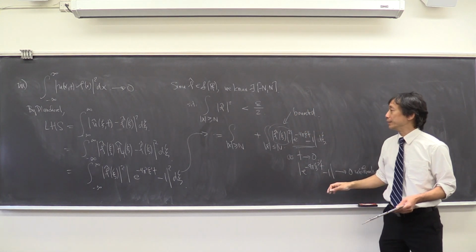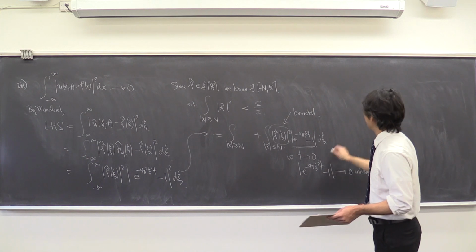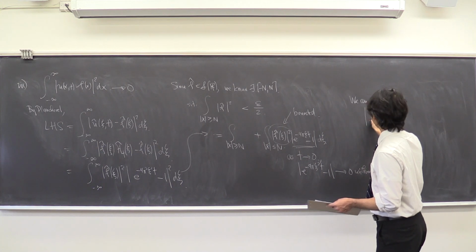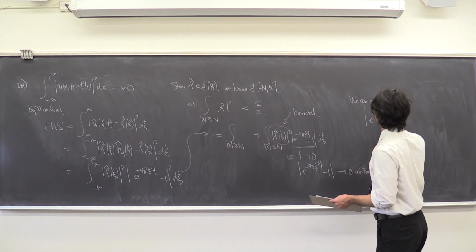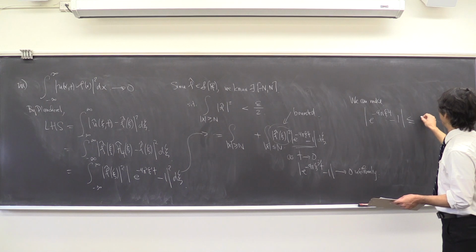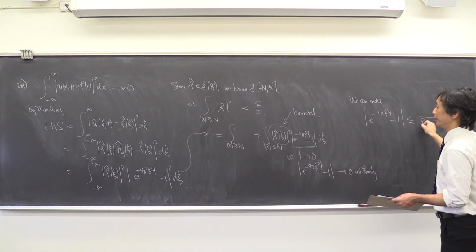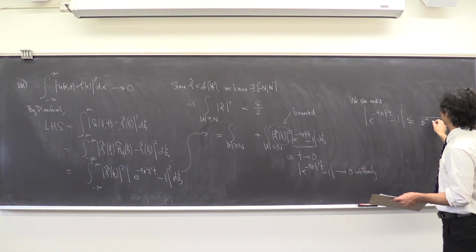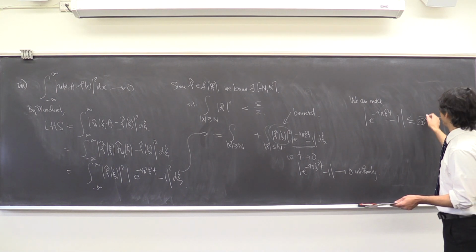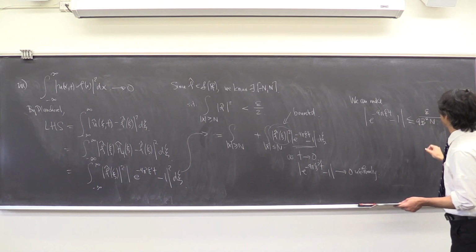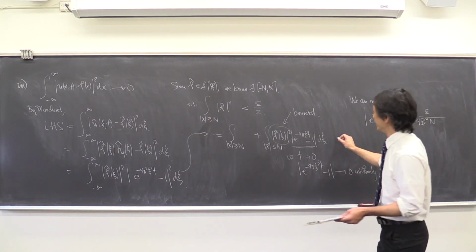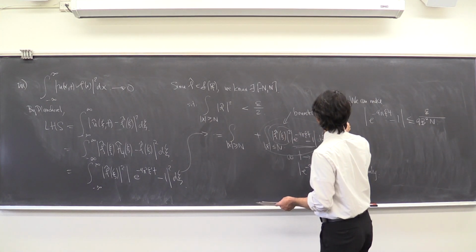So we can make this thing smaller than epsilon over 4 times the bound squared over the length of the interval, and so we can make this thing smaller than epsilon over 2 also.